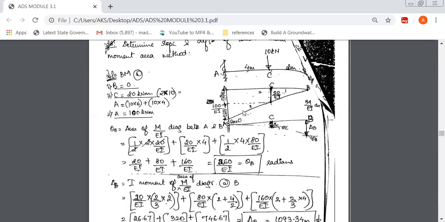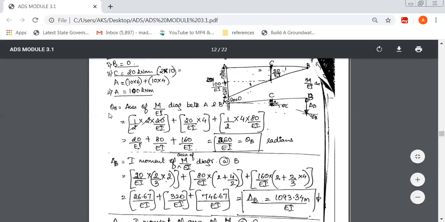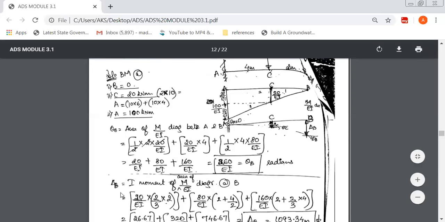So it is 2/3 of base, so 2/3 of 4 plus 2 meter. Okay. So when you solve this, you'll get delta B. So delta B, again, the answer is positive. That means deflection is downward. So these are the two end points, that is theta B and delta B.